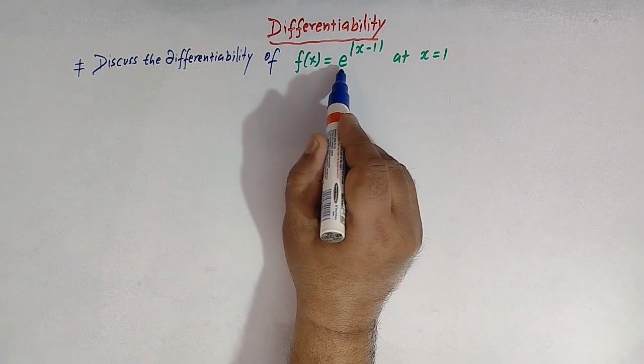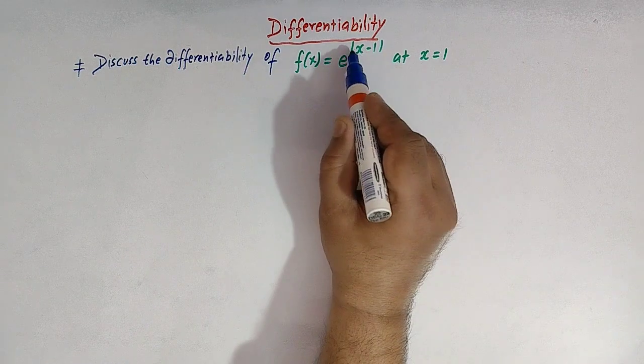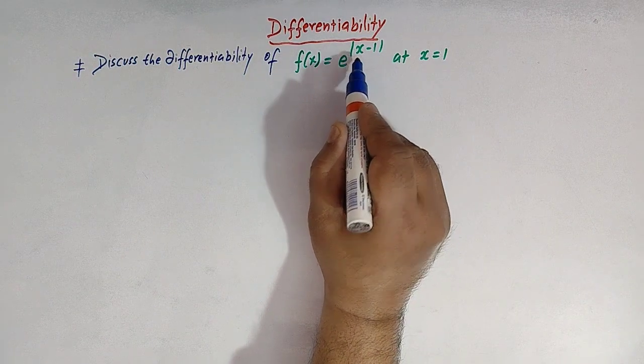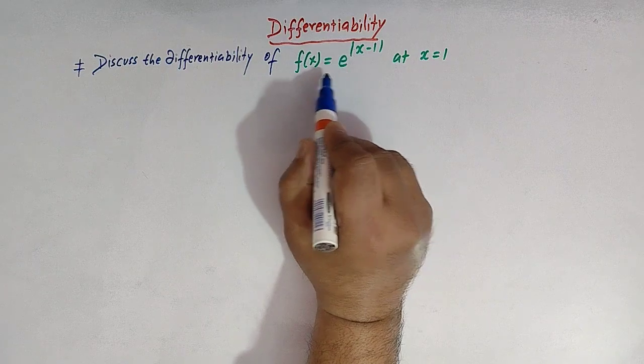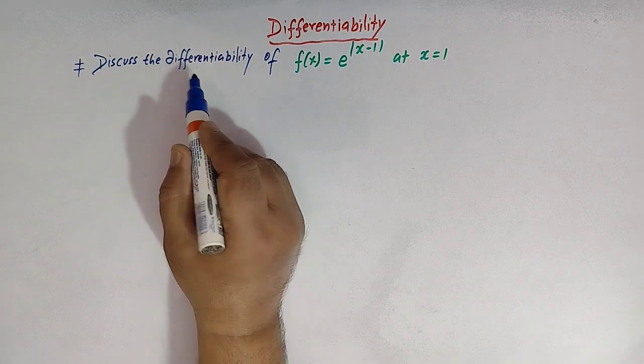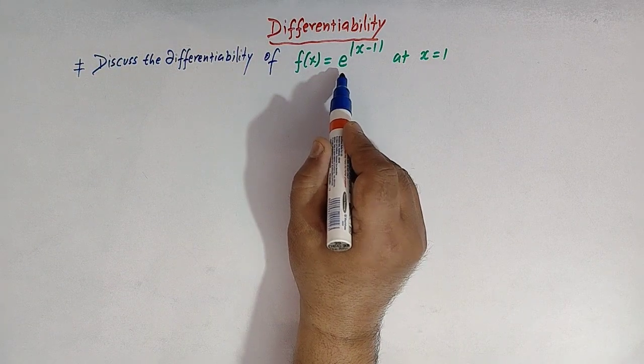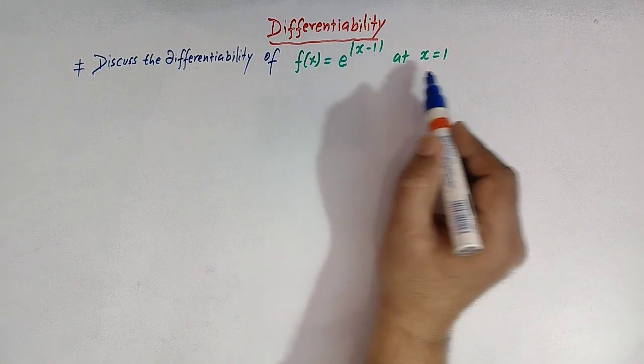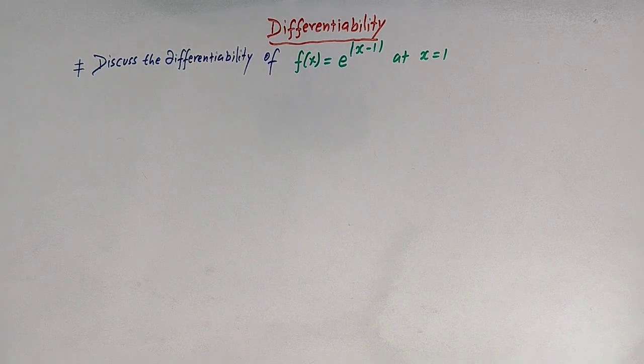Here we are given a function f of x where the absolute value function is involved, and we have to test this function for its differentiability at x equals 1.